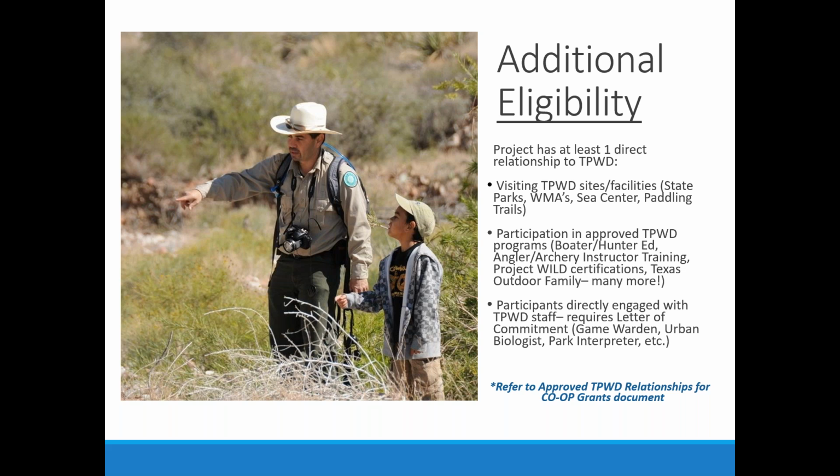Those organizations would need an IRS determination letter, but other entities such as churches, schools, universities, municipalities are technically not-for-profit entities, but they wouldn't have a 501c3 nonprofit designation. Those entities would not need an IRS determination. Just to clarify that question. Thank you, Jessica. Thanks for clarifying that.